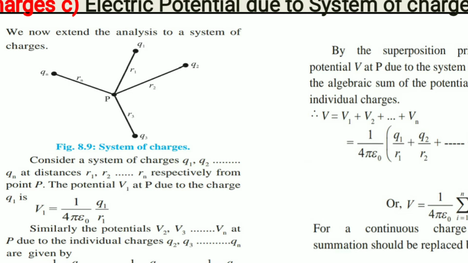That is, consider a system of charges Q1, Q2 up to Qn at distances R1, R2 up to Rn respectively from point P.